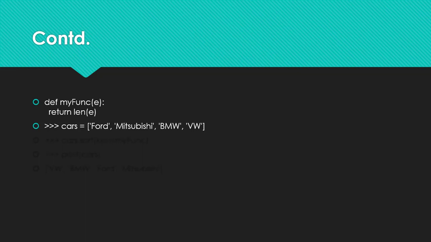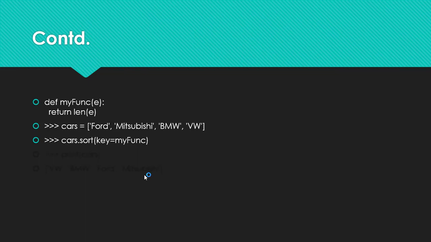Then simply what I am doing is cars.sort, and inside the parentheses we are passing the key with respect to which we want to sort the list. For example, here we are using length, so we are simply passing key equal to myfunc. That means we are calling myfunc.